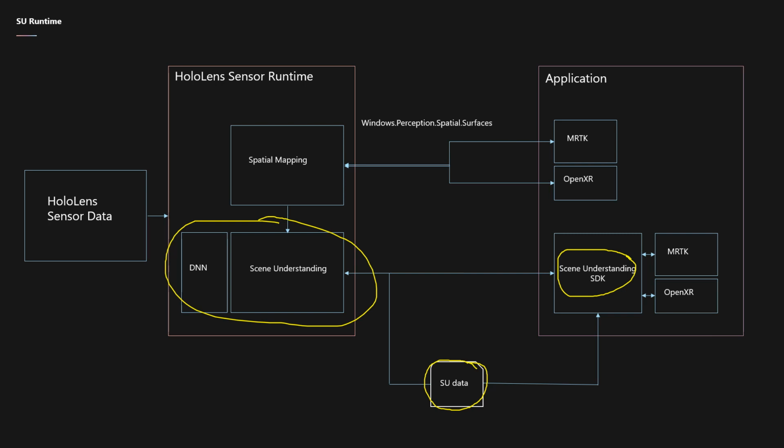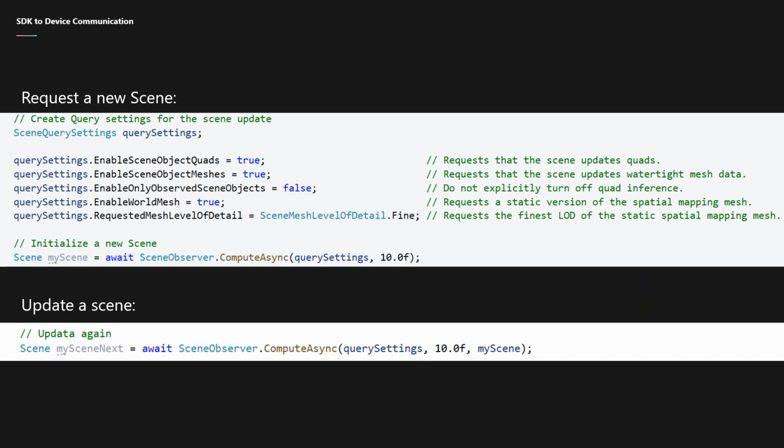They can be useful for other things. You can capture your space and reload it later. So rather than hide the fact that we have this communication channel back and forth between scene understanding and the SDK, we specifically want you to look at the data that is being passed over the wire and do interesting things with it.